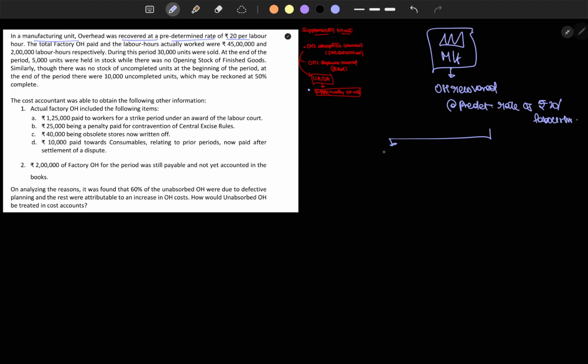What the factory total overhead paid is rupees 45 lakhs.